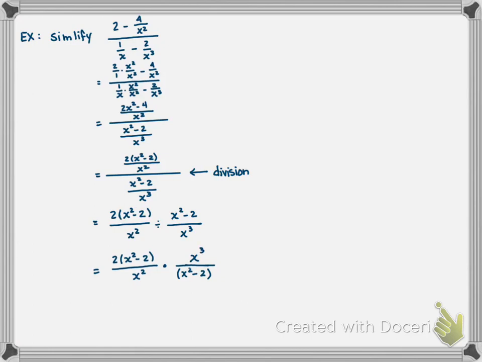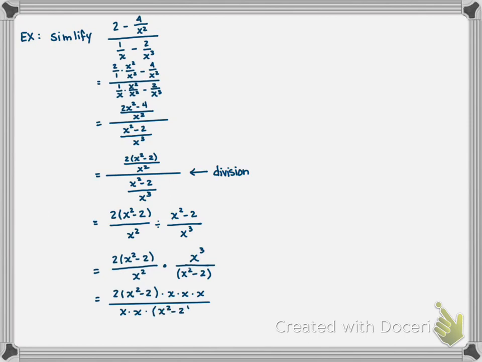And then remember, like we talked about the other day, if you have monomial factors, so factors that don't have addition or subtraction, you can think of them as their prime factorization. So this is 2 times x squared minus 2, and then x to the third doesn't have any addition or subtraction, so we can think of it as x times x times x. And x squared doesn't have any addition or subtraction, so we can think of that as x times x.